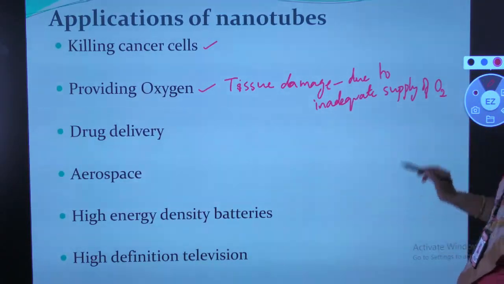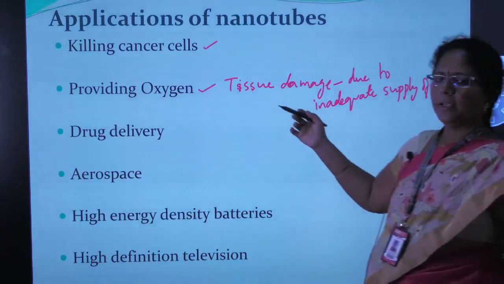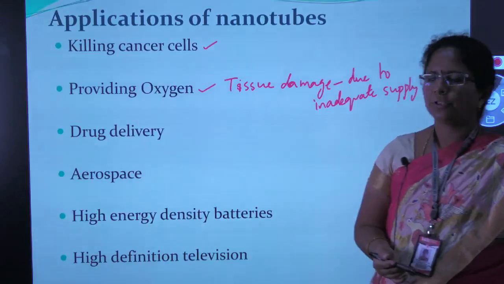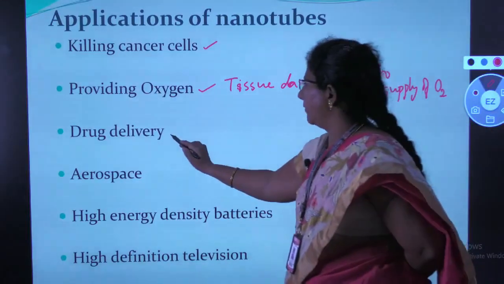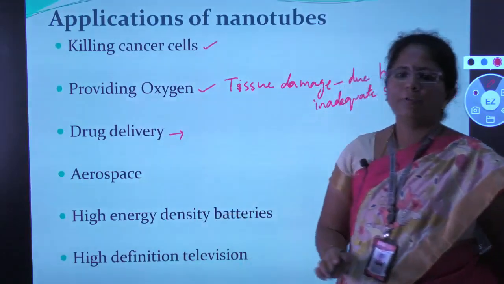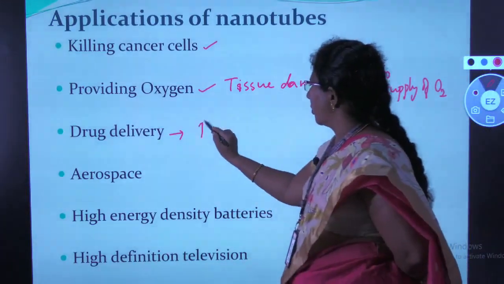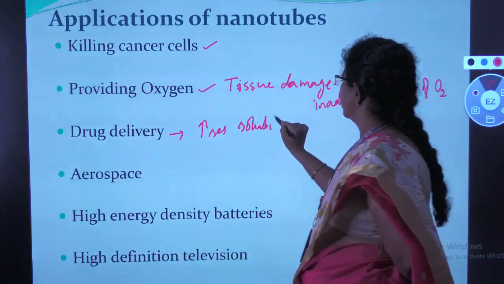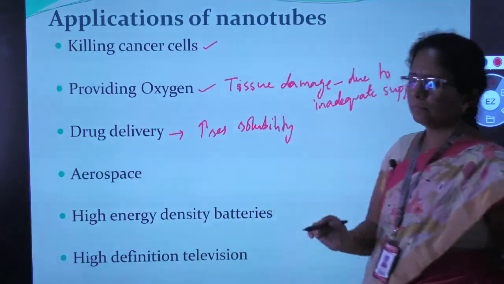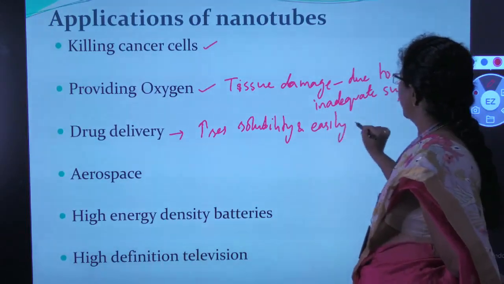So we can supply oxygen adequately despite red blood cells by preparing artificial red blood cells using nanotubes. And drug delivery. If a drug is prepared in nano size, it increases the solubility as well as it is easily absorbed.